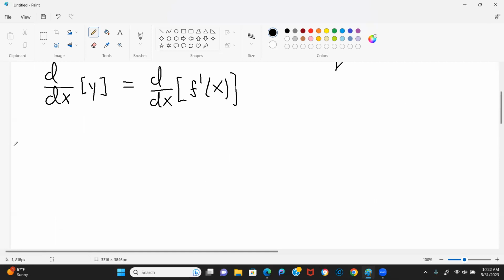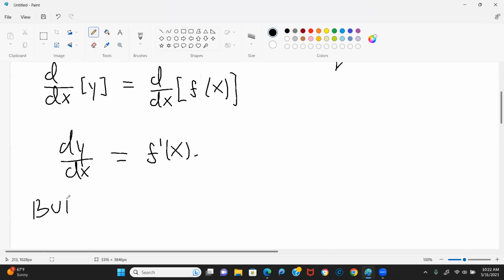It's like if we square both sides of an equation, you have this operation of squaring, or if you add to both sides of an equation, you have this operation of adding. So we're going to perform this operation, and it's actually what's called a linear operator, but that's besides the point. We can take both sides of this equation and apply this operator to it. So we get dy dx is equal to f prime.